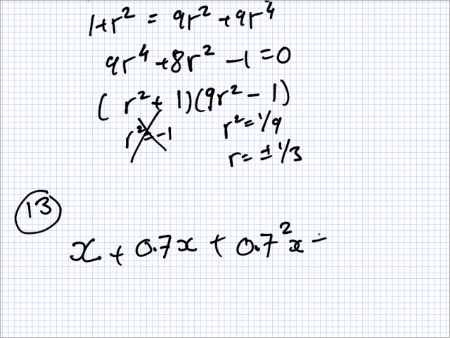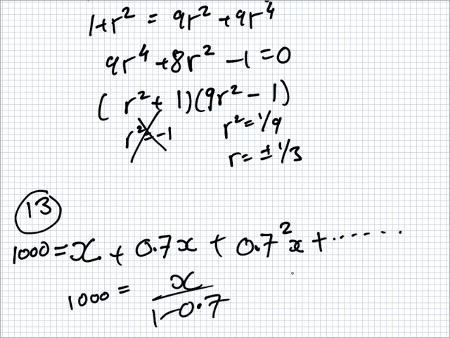We know the total number of clicks is 1,000. So 1,000 should equal this infinite GP, which is A over 1 minus R. So 1,000 equals X over 0.3. So X is 300.